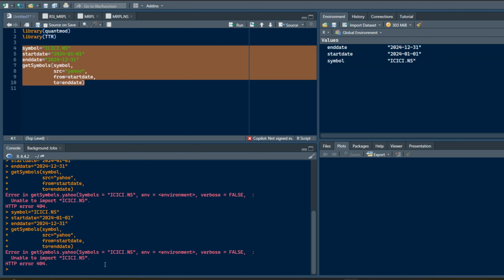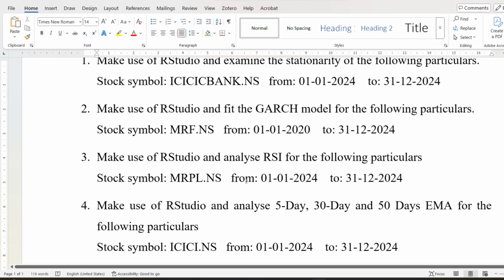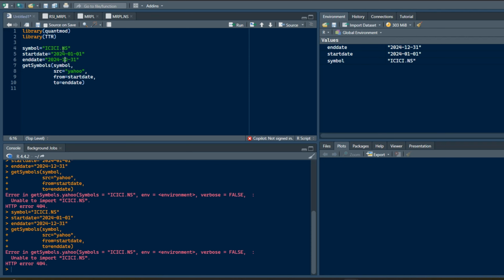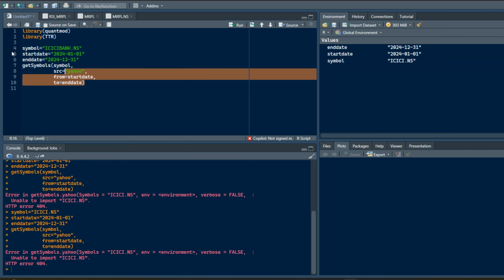So before that, we'll check. Yeah, I think it is ICICIBANK.NS. Ticker mistake of ICICIBANK.NS.